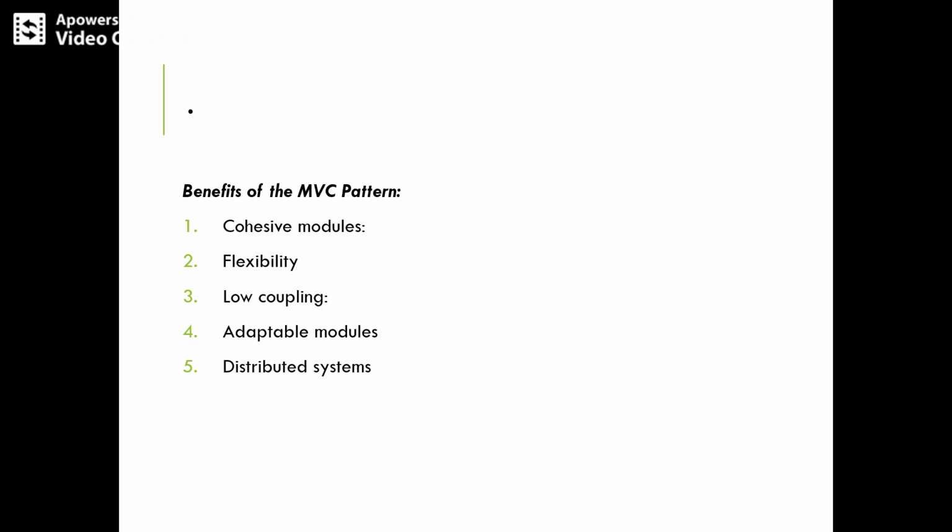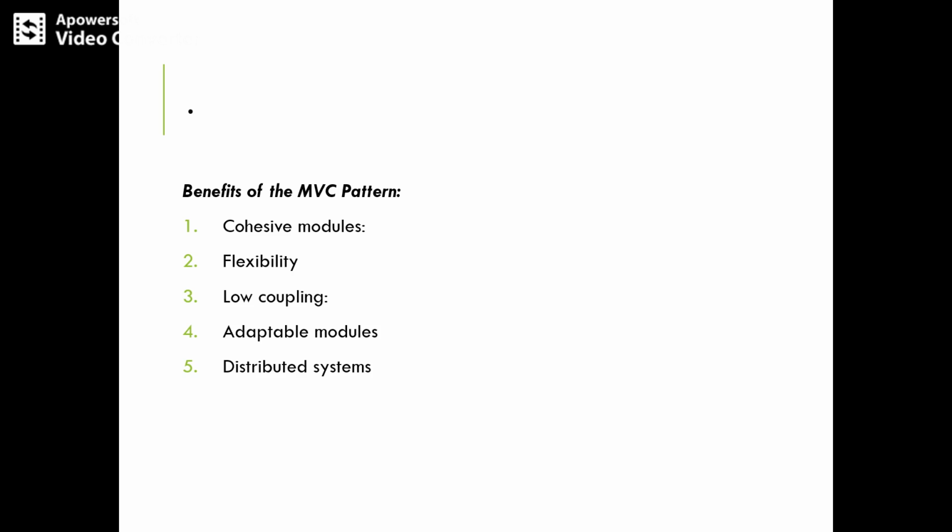Next, followed by adaptable modules. This is a component which can be changed with less interference. Less interference means less disturbance to the rest of the system.